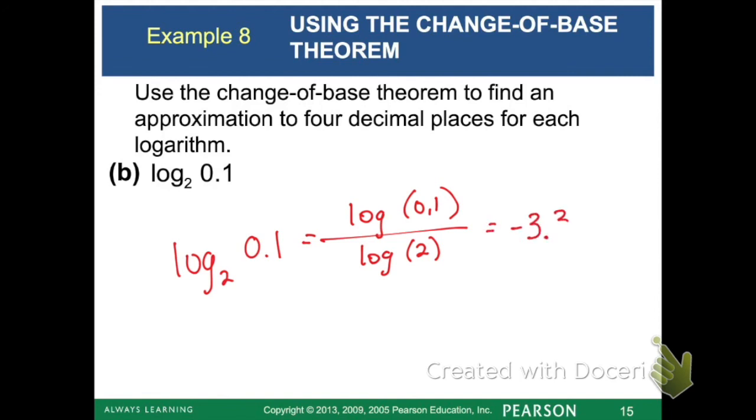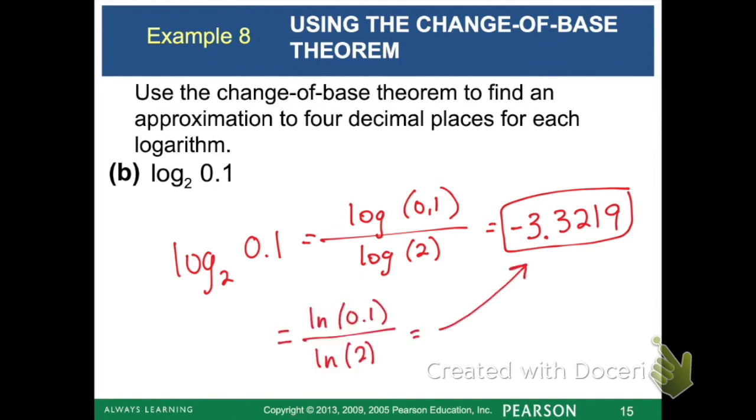When I plug that in and evaluate, I get negative 3.3219. Now we can make a note here. I could have changed them both to natural log. So we could have put in our calculator ln of 0.1 divided by ln of 2, and we would get the same answer. So for change of base, it doesn't matter if you change it to a natural log or if you change it to a common log. Either way, you can use your calculator at that point.